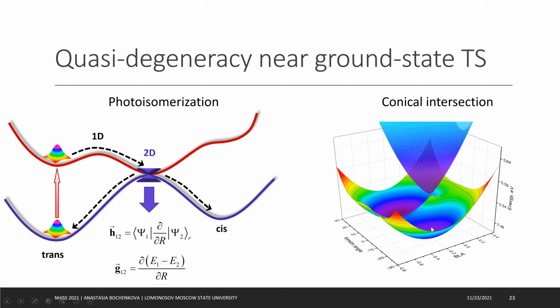From the theoretical perspective, the presence of this conical intersection might be a challenge, because we need to take it into account in the first place. But then there is another thing behind this story: what is the activation energy for the ground state isomerization?